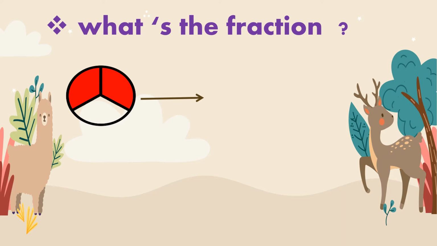So how can I write this? I first write the fraction bar, then the total parts 1, 2, 3. So I will write 3. And the colored parts 1, 2. So I will write 2. So how can I read this in the fraction? 2/3.